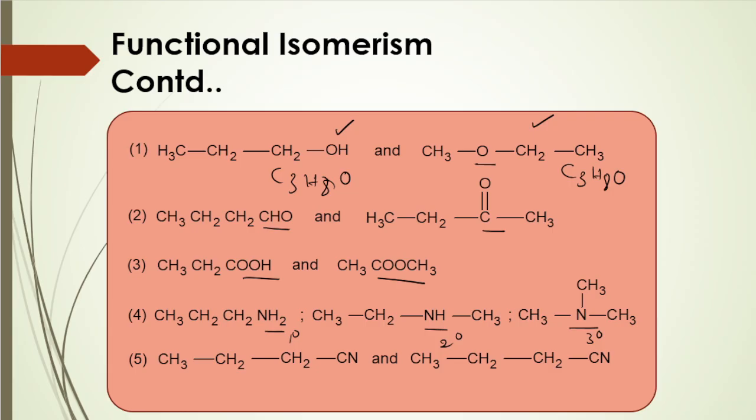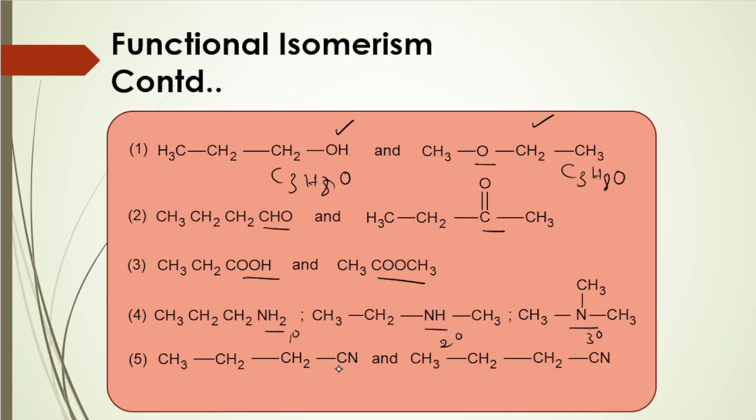Hence we can say that all the three with the same molecular formula are functional isomers here. Check the carbon atoms also. Here there are 3 carbon atoms and the remaining also contain the same number of carbon atoms, but if we consider their functional groups, they are different, hence functional isomers.